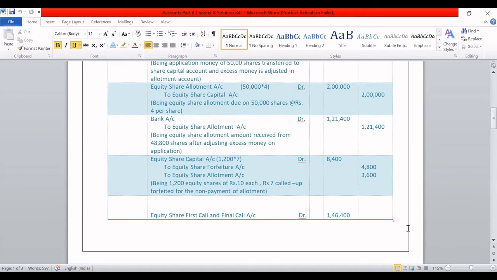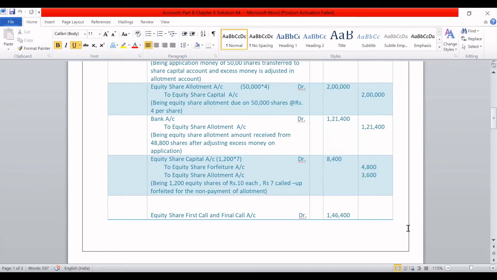And to the forfeiture, we'll transfer 4,800, because he failed to pay the amount. Rupees 7 per share was forfeited.